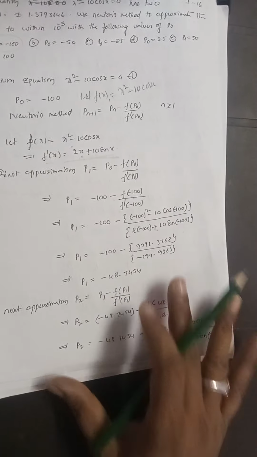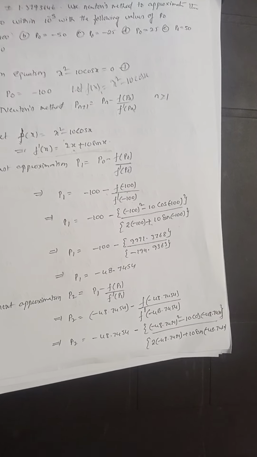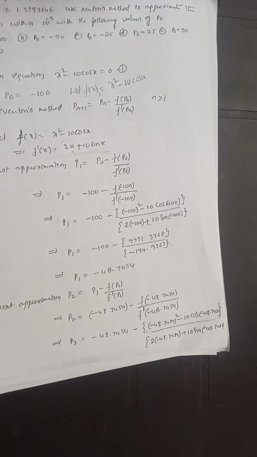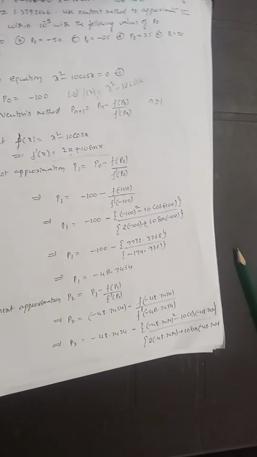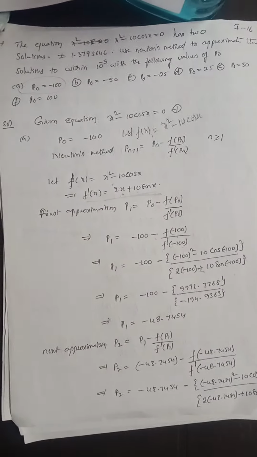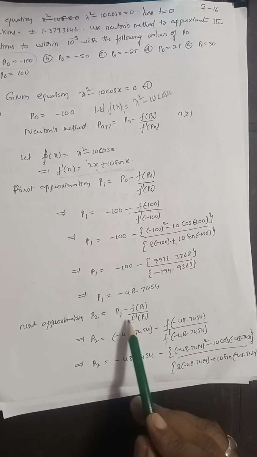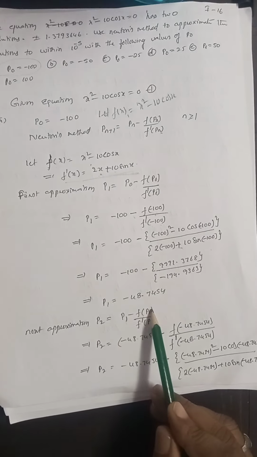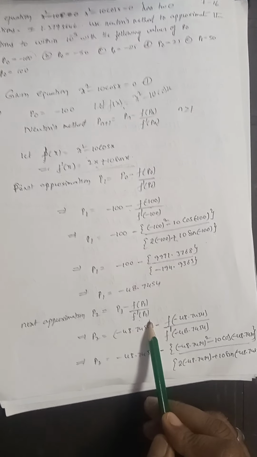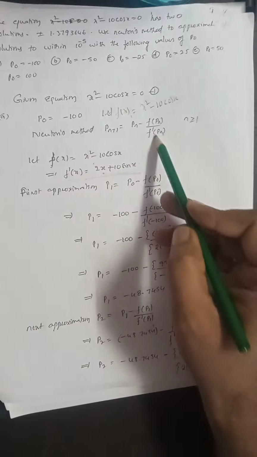The next approximation. What is the next approximation? If p naught is the initial approximate root, the better approximation is nothing but p1, and the better approximation is p2. Then p2 is equal to, formula is what? p1 minus f of p1 by f dash of p1, right, by using this formula.